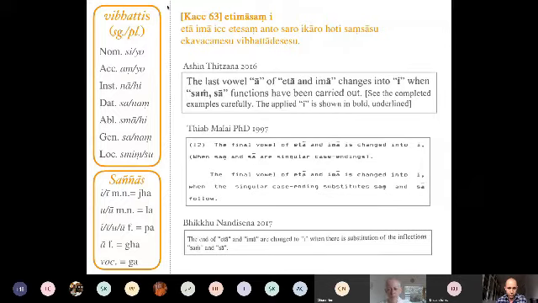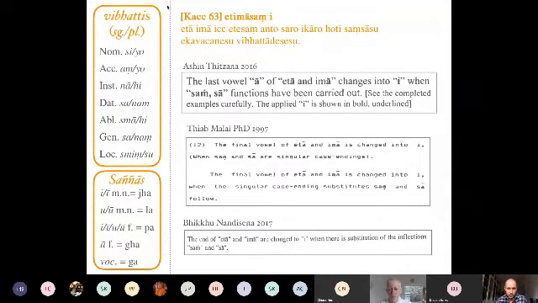And then he translates the buddhi proper: the final vowel of eta and ima is changed into I when the singular case ending substitutes sam and sa follow. As you can see, there is no difference between the full translation of the sutta and the translation of the buddhi, because any full translation of the sutta will look like the buddhi. The buddhi is nothing but the full expression of the meaning of the sutta.